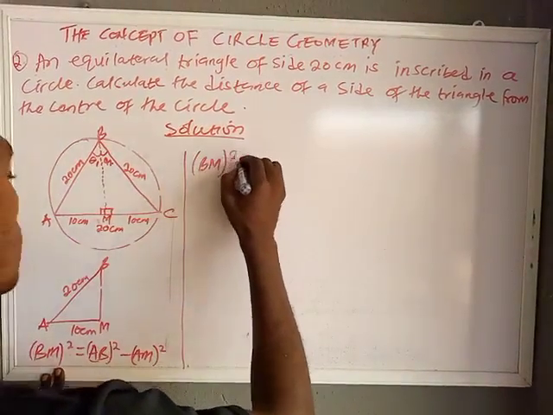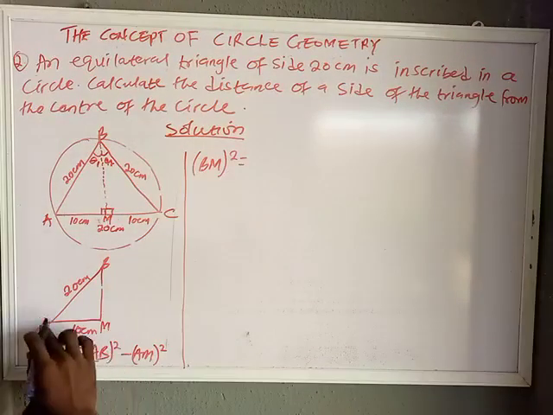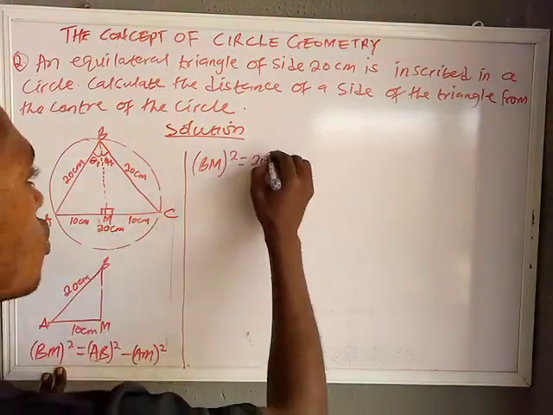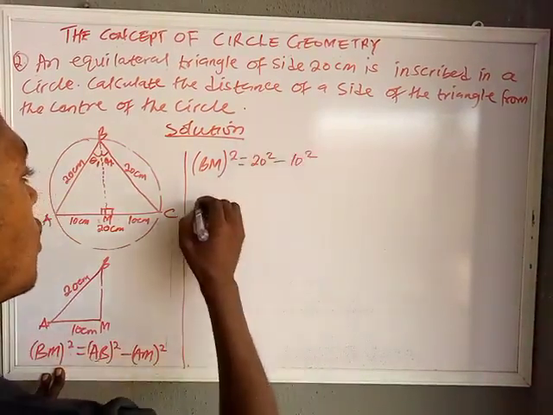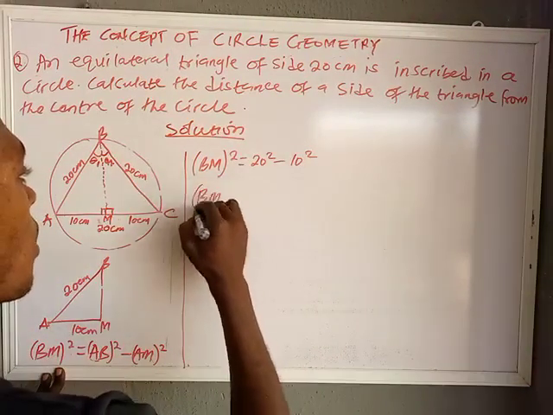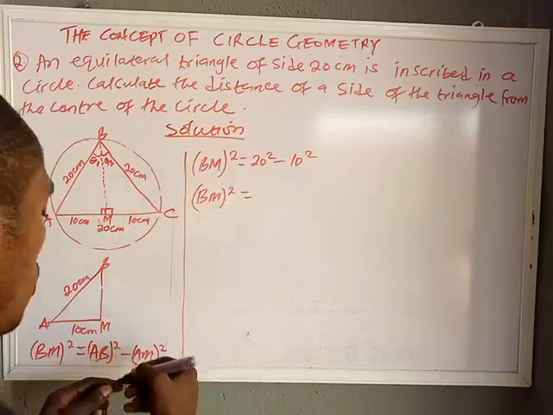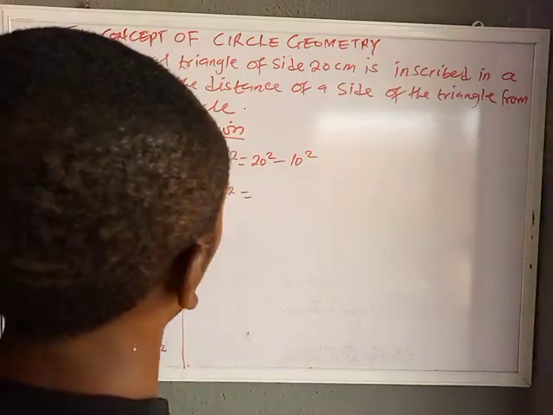AB is 20, so 20 squared minus AM, which is 10 squared. 20 squared is 400.